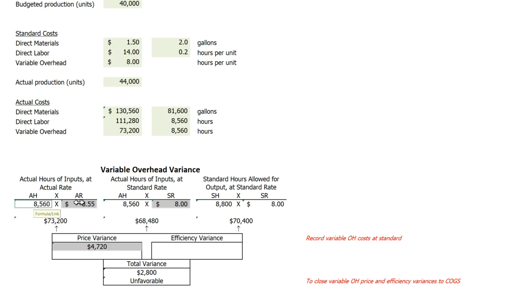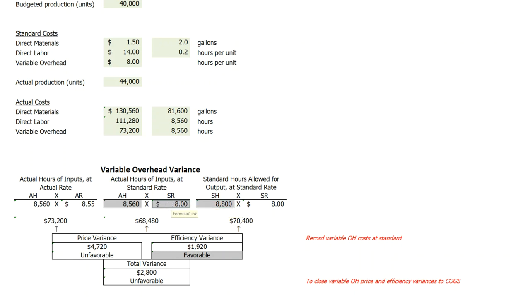And of course, it's unfavorable since our actual rate is greater than our standard rate. Our efficiency variance is $1,920, and it is favorable because we worked fewer labor hours than we would have expected at standard hours allowed. And again, we could have calculated our labor efficiency variance by taking the difference between the 8,800 and the 8,560, which is 240, and multiplying it by our standard rate of $8 an hour.